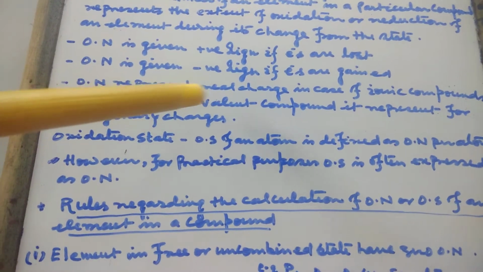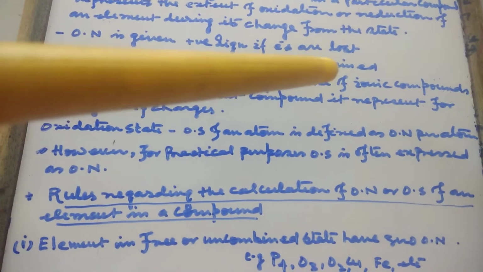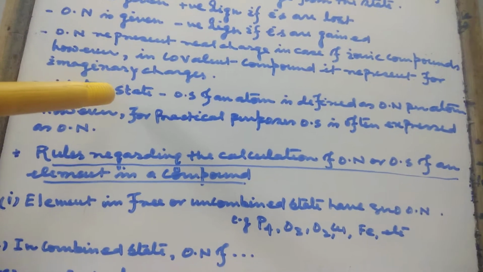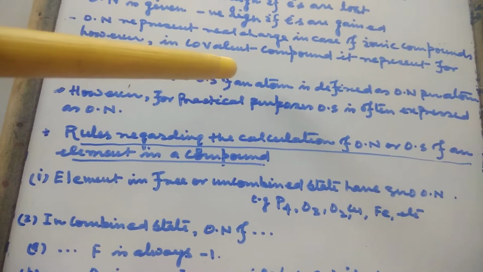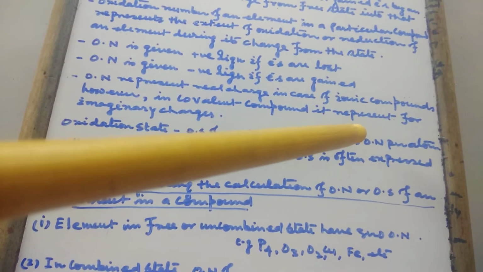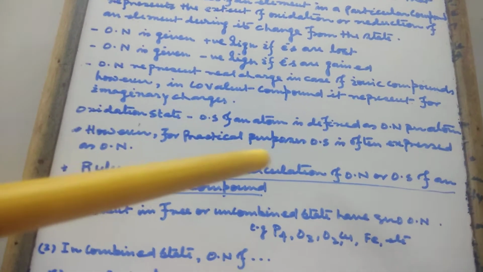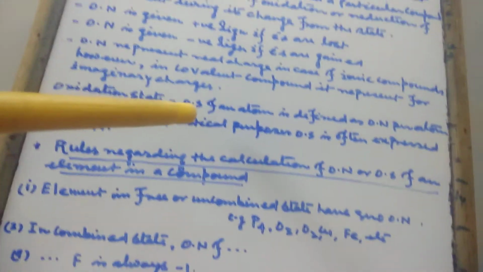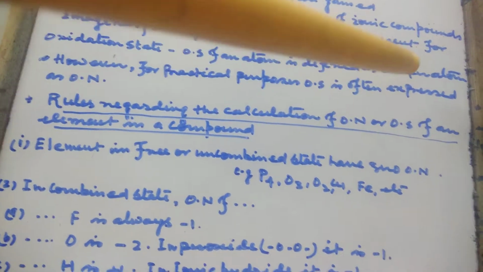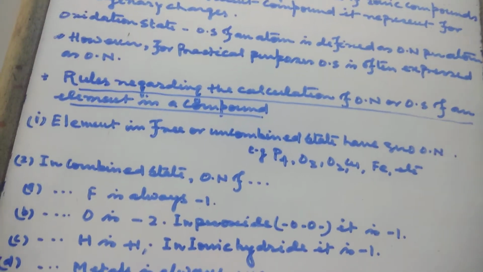However, in covalent compounds, it represents imaginary charges. Oxidation state of an element is defined as oxidation number per atom. However, for practical purposes, oxidation state is often expressed as oxidation number.